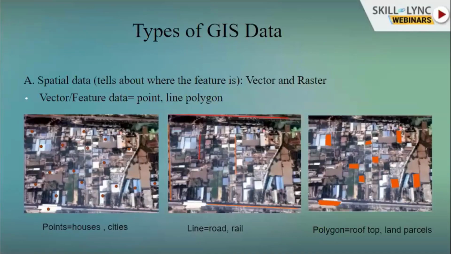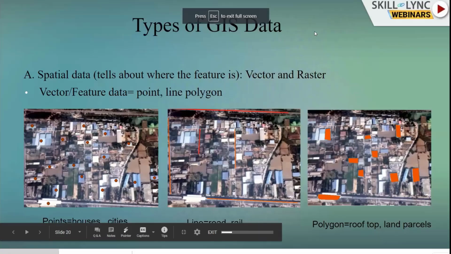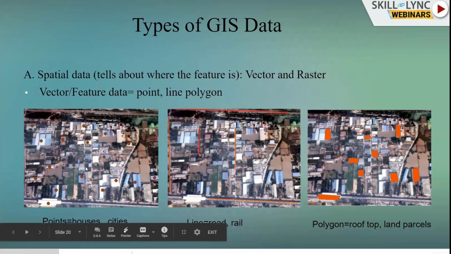Okay. So I was giving you an example of point, line, and polygon data in GIS. As I was telling you, we use Google Map, and in Google Map itself we use these types of data.